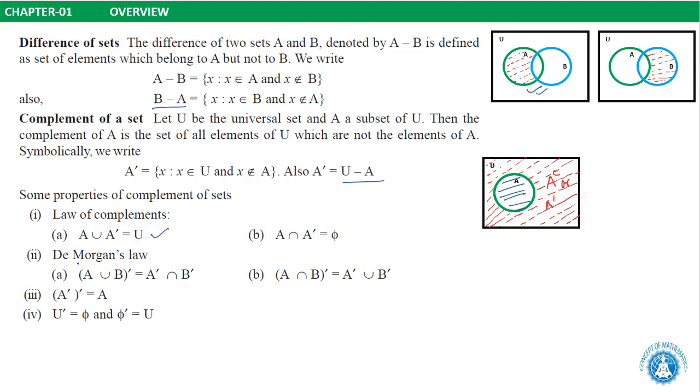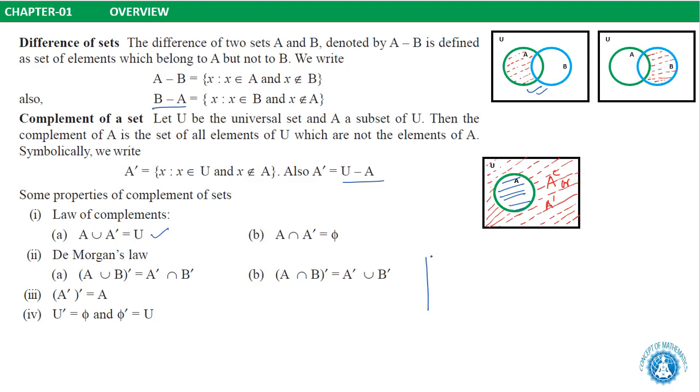Now coming to De Morgan's law: the complement of the union of A and B equals the intersection of the complement of A and the complement of B. How will we represent this?